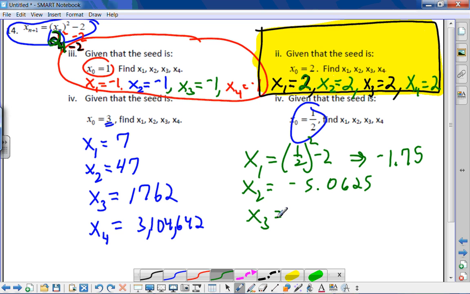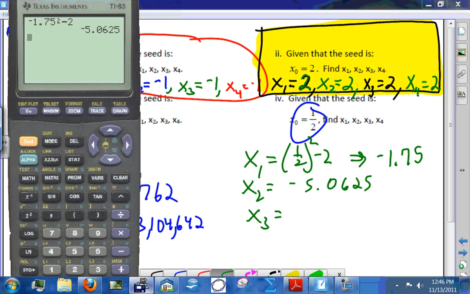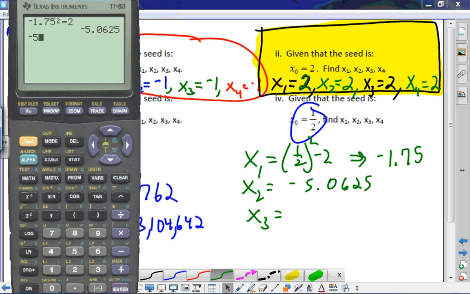Third iteration will be that value squared decreased by 2, which is negative 27.6238.